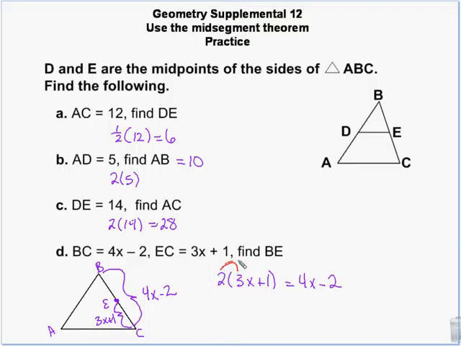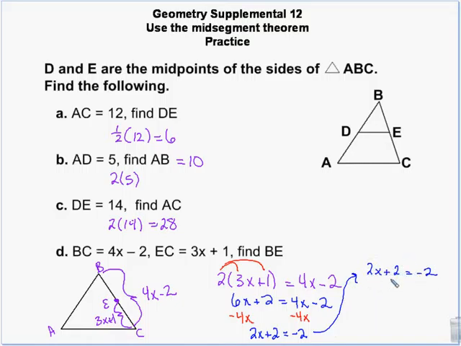We'll distribute the 2. So 6x plus 2 is 4x minus 2. Subtract 4x from both sides. 2x plus 2 is equal to negative 2. Subtract 2. 2x is equal to negative 4.